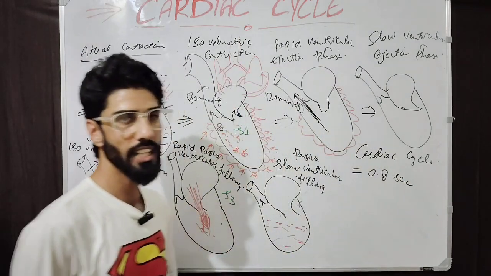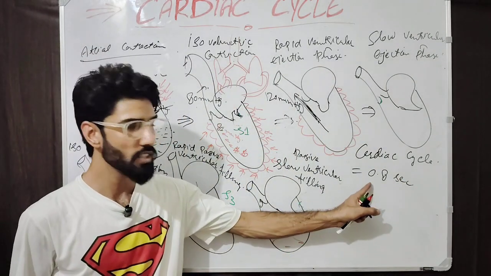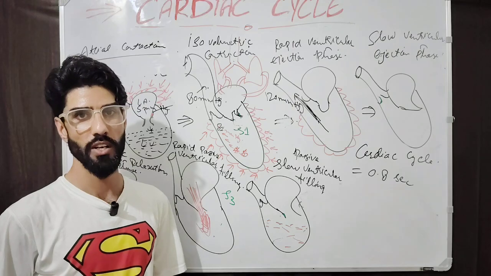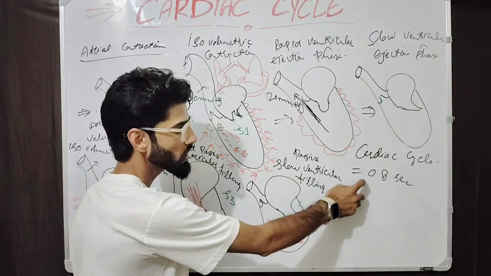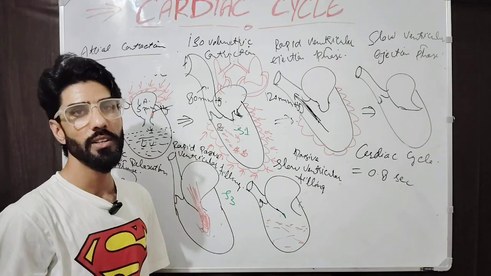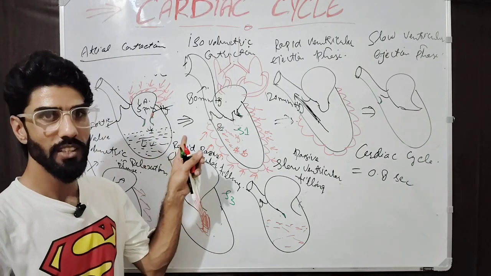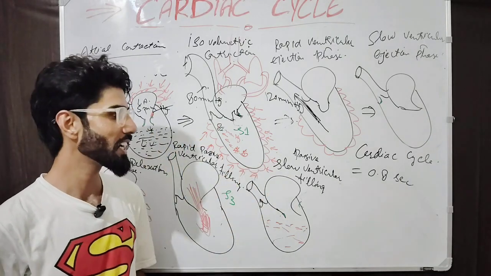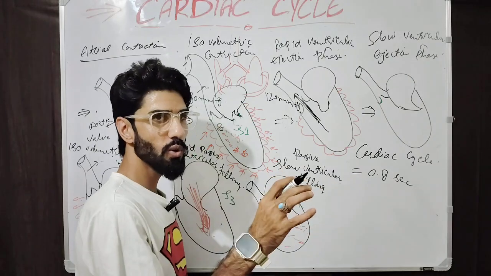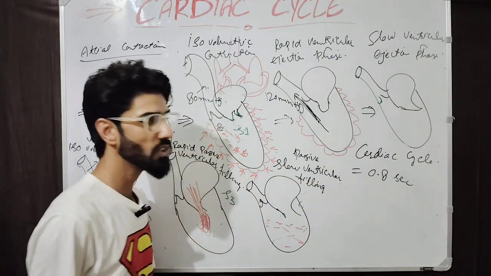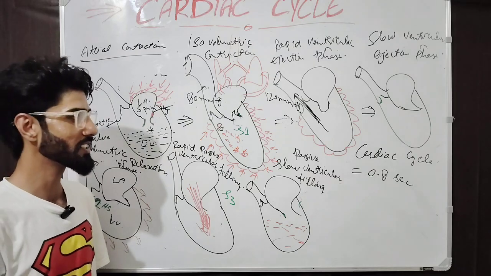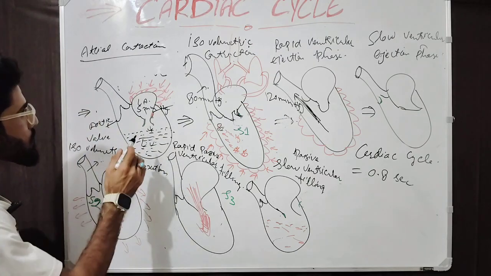So each cardiac cycle will last for 0.8 seconds, including both systole and diastole. Understood?